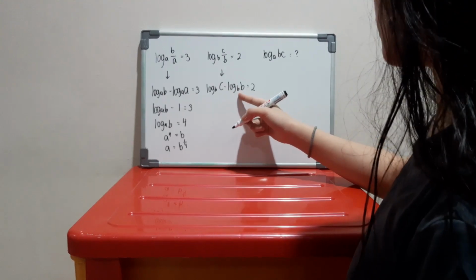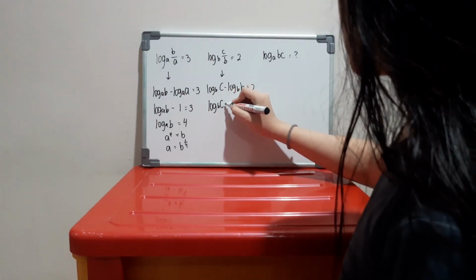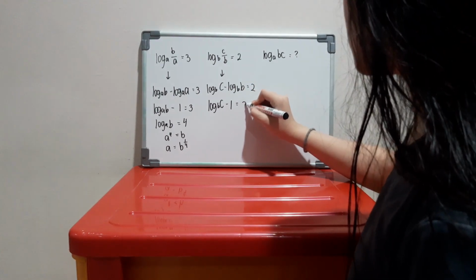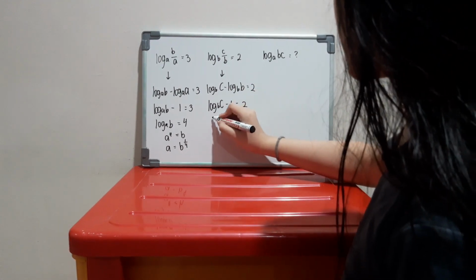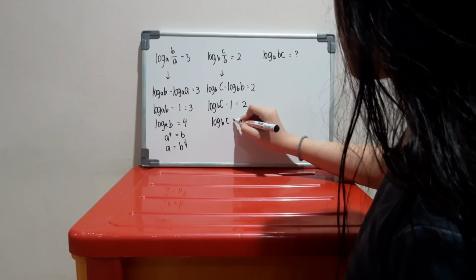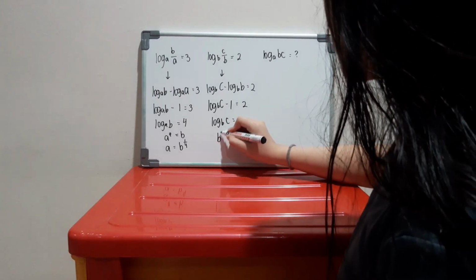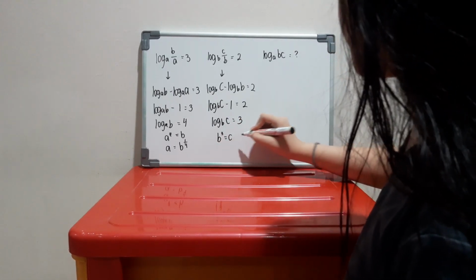Similarly, this is also 1. So log base b of c minus 1 is equal to 2. Moving 1 to the other side again, we have log base b of c equals 3. Changing it to exponential form, we have b to the power of 3 equals c.